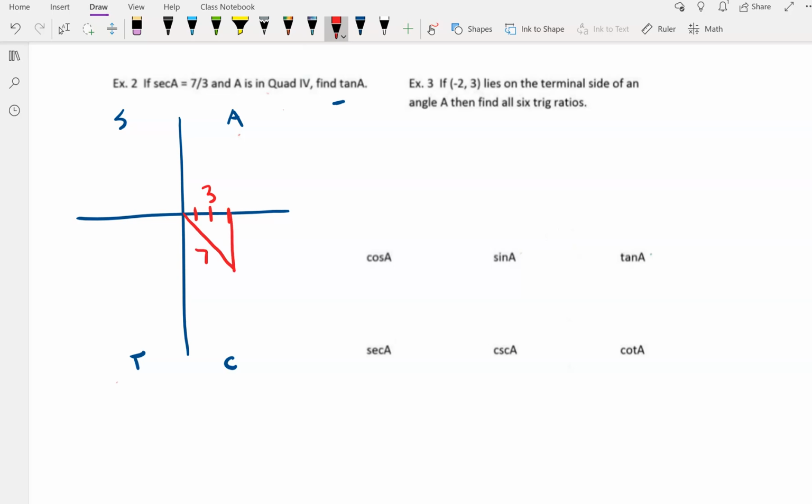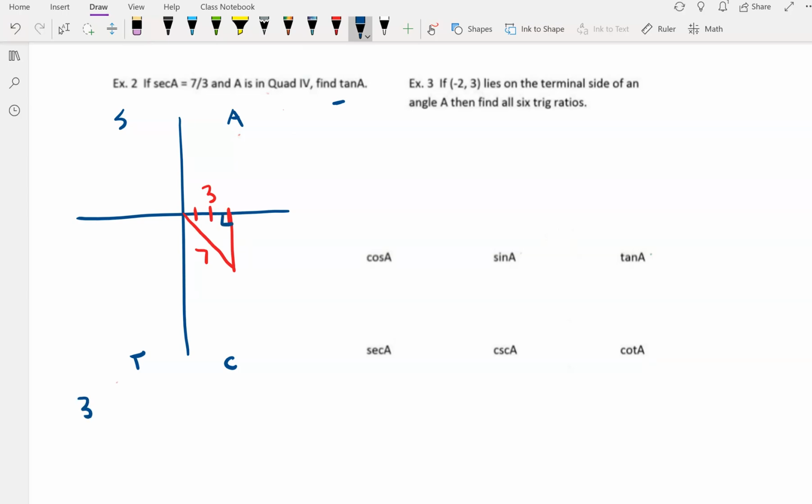And then we need to find what the opposite is. So that's what we need to find. We're going to use Pythagorean theorem to find what that opposite is. Alright, so this is going to be a right triangle.